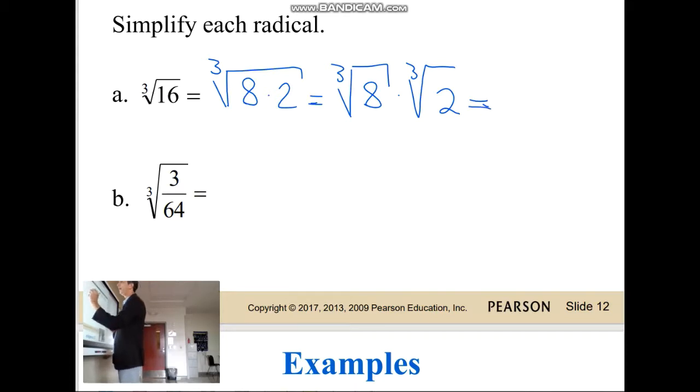Because we have a number here for cube root of 8, which is 2, we get 2 times cube root of 2. This is the simplification.